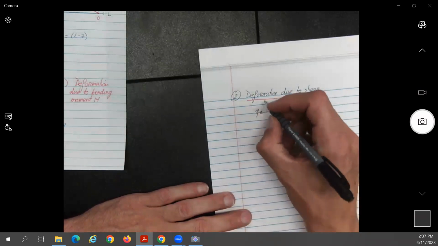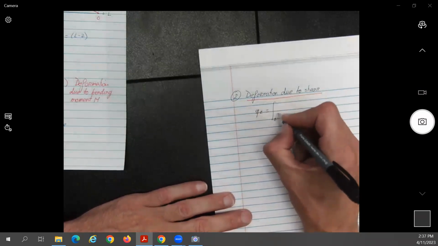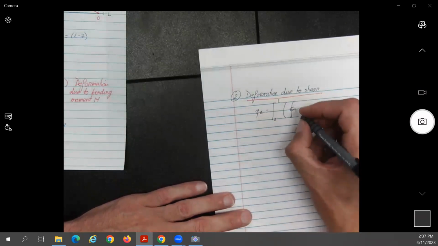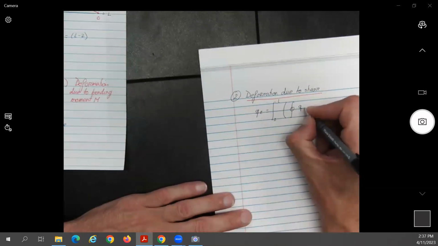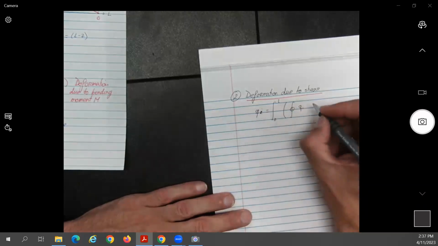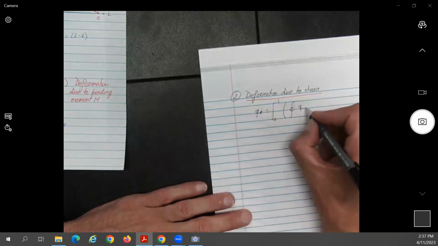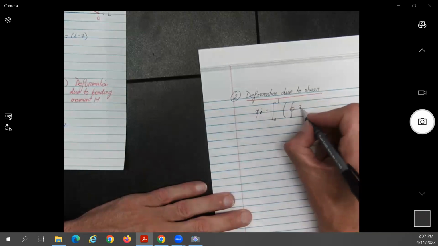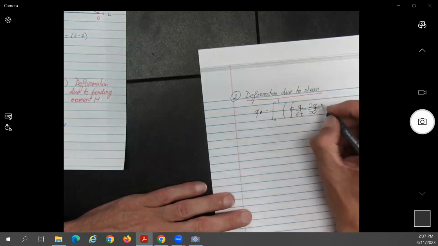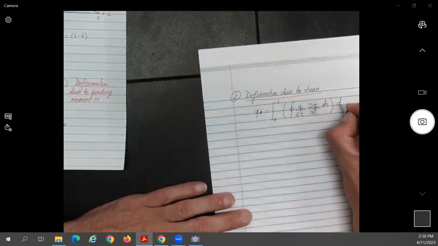I'm just copying the same expression as before: integral 0 to L, going across the cross section due to the shear flows, Q_i times 1 over G T, partial of Q_i over partial Q_i, ds dz.